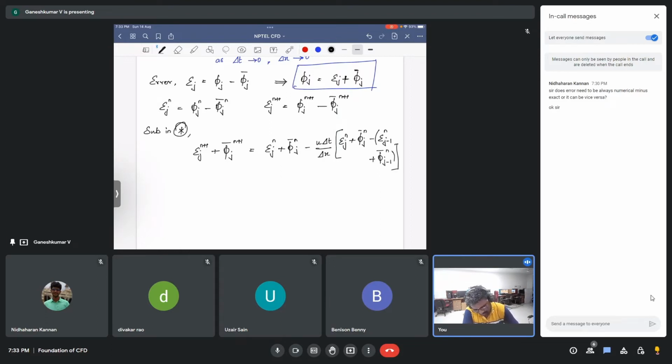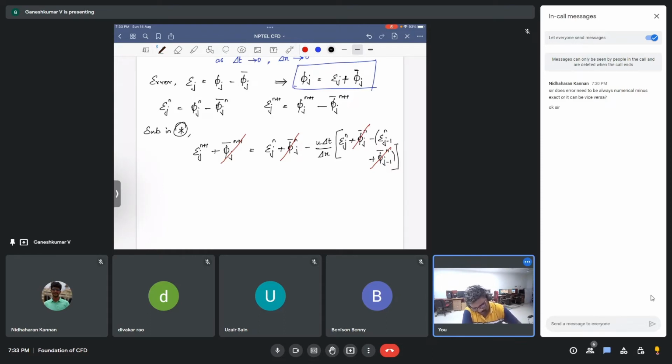Now we know that the exact solution is going to satisfy the equation, so we can strike out the exact solution terms. We can separately write these things.